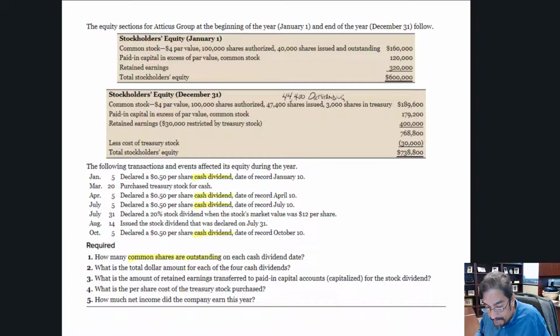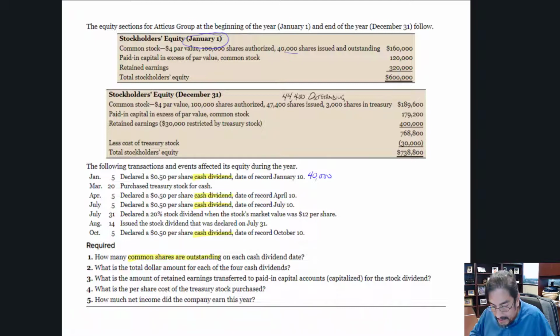Okay. So on January 5th, here's where we started the year with 40,000 shares issued and outstanding. We want outstanding. So 40,000 shares outstanding. And then on March 20th, we purchased treasury stock for cash. Is there any more treasury stock movement?